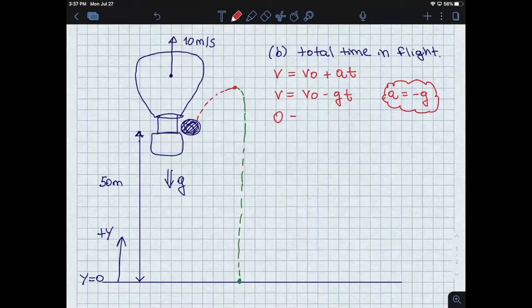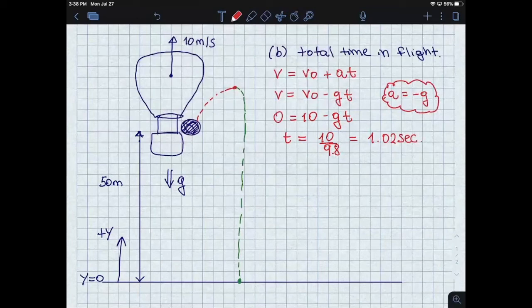So 0 is equal to the initial velocity, which is the same as the hot air balloon, 10 meters per second, minus gt. t then is equal to 10 divided by 9.8, which is g, equal to 1.02 seconds.